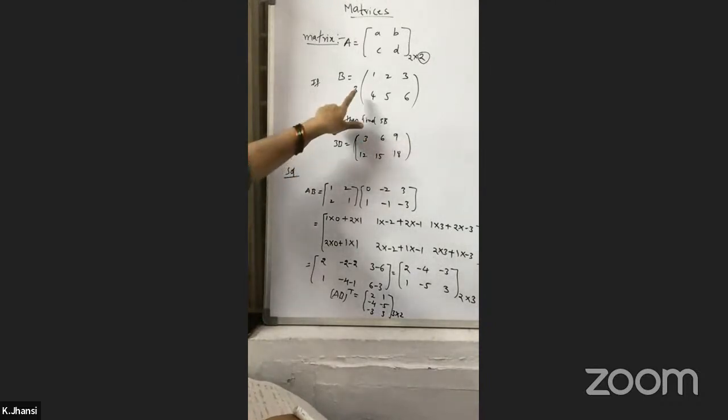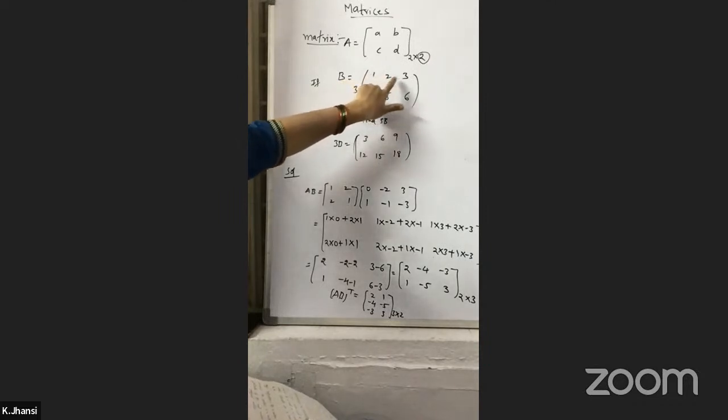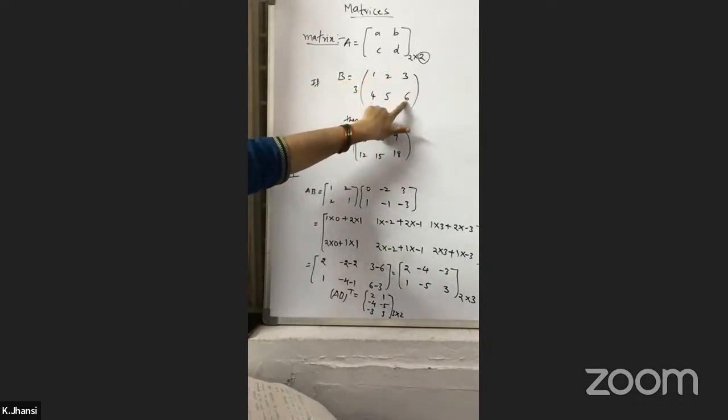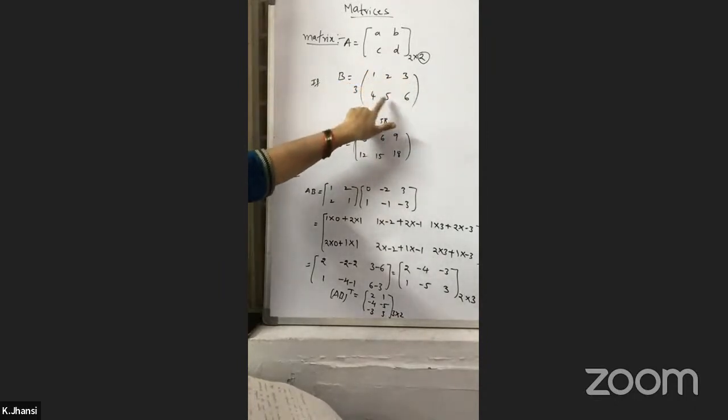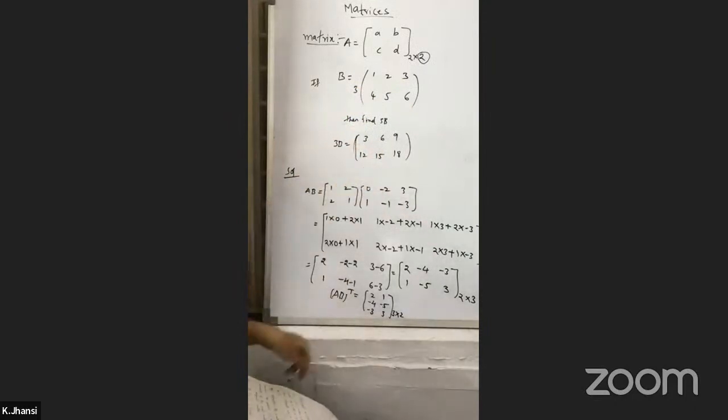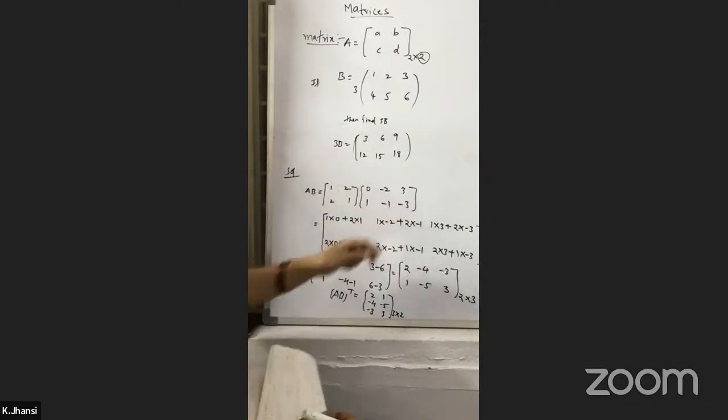Scalar product means if you are multiplying with any number, then this number should be multiplied to each and every element. Okay, not only one row or only one column. It should be multiplied with each and every element, that is called a scalar product of a matrix. So 3x means you multiply with all the elements. On this also one example problem you have in your textbook.